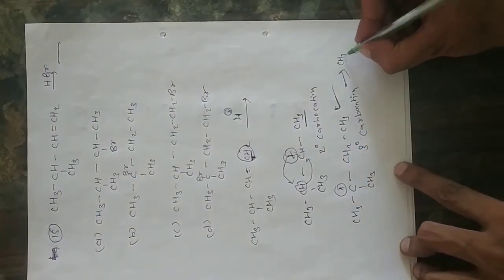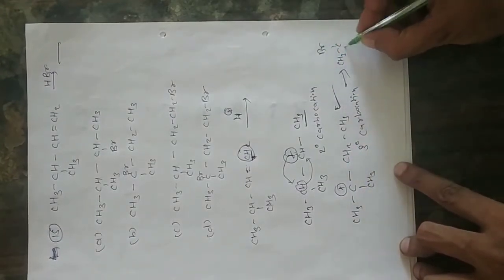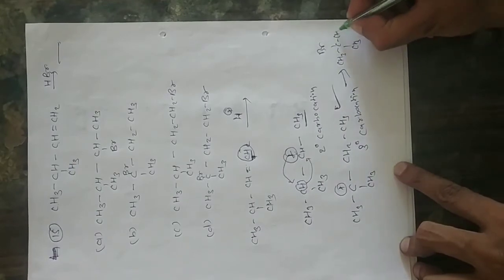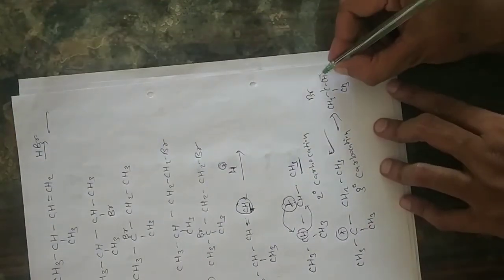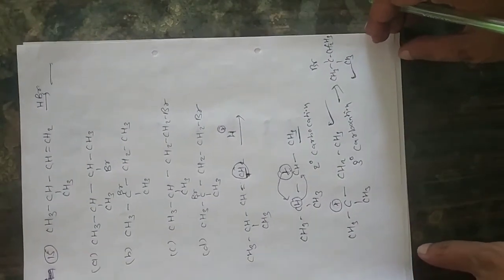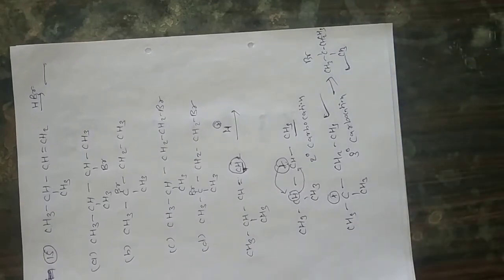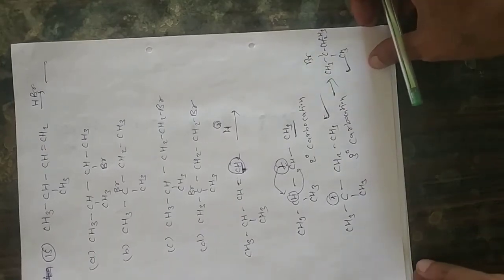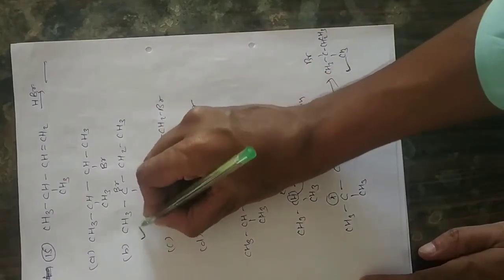So CH3, C, Br, CH3, CH2, CH3. This is our product, because of the stability of the carbocation. Stability of 3-degree carbocation is most, then comes 2-degree carbocation, then least stable is 1-degree carbocation. That's why the correct option is option B here.